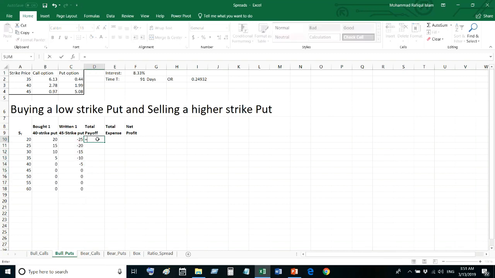The total payoff is the addition of these two payoffs, and the total expense is, since we bought 40 strike puts, it's negative, and fix it, and we sold 45 strike puts, so it's positive, and then times 1 plus interest to the power time.